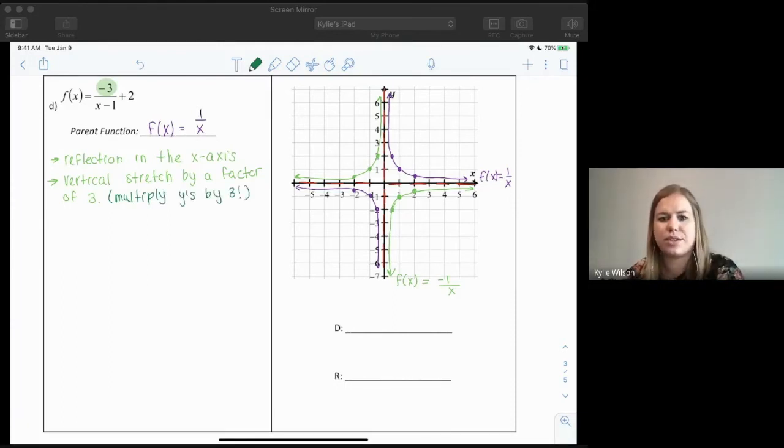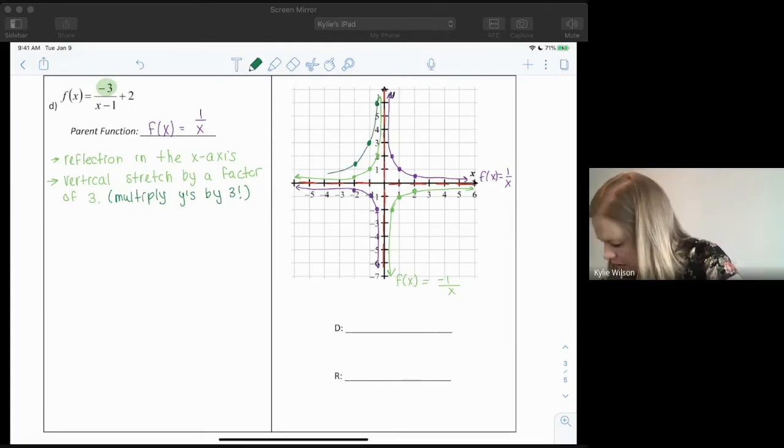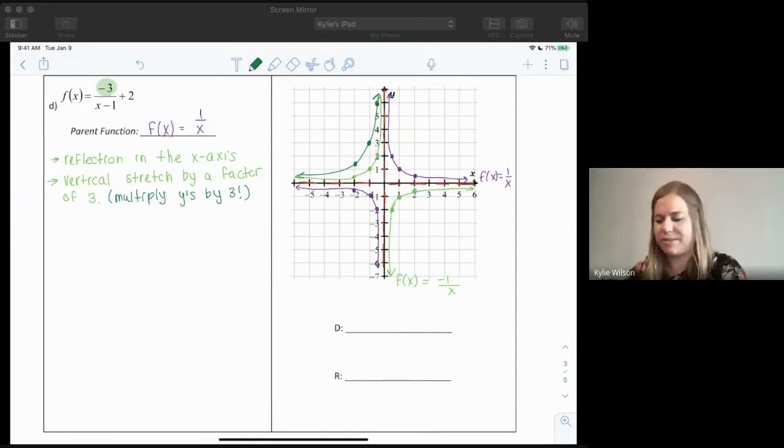So each of my y's I'm going to multiply by 3. Again, this hasn't changed my asymptotes. My asymptotes are still those red lines there.